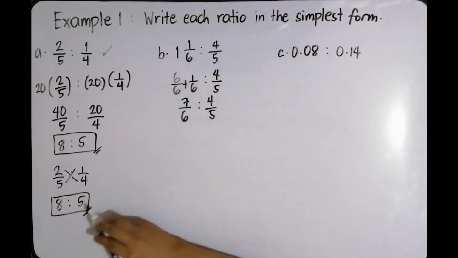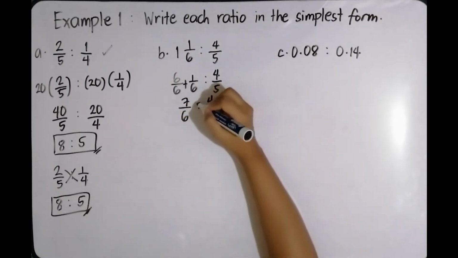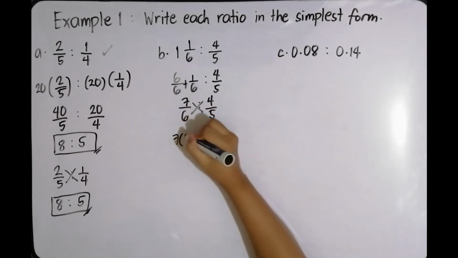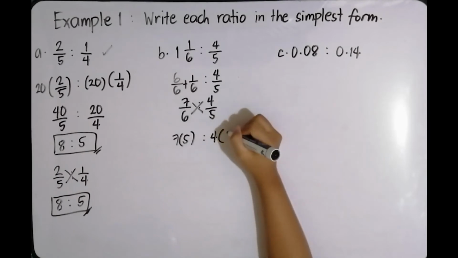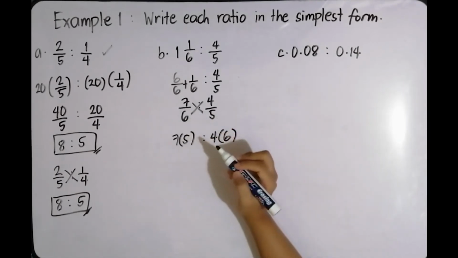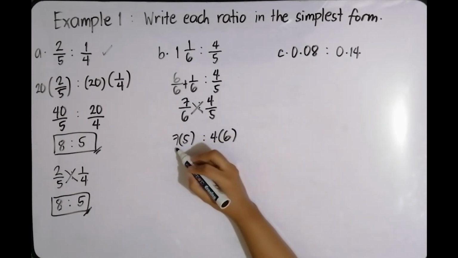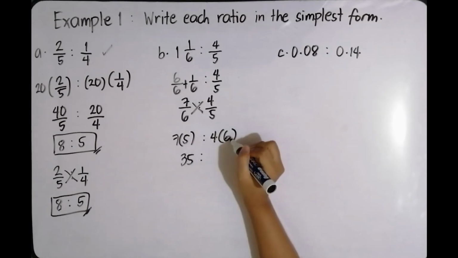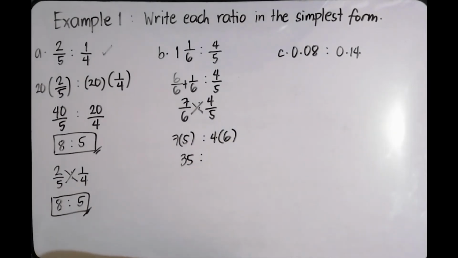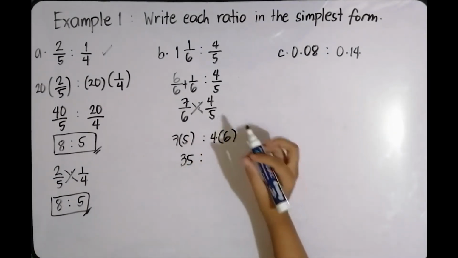To get the simplified form, we can use cross multiplication. Let's multiply 7 times 5, that is 35, is to 4 times 6, that is 24.